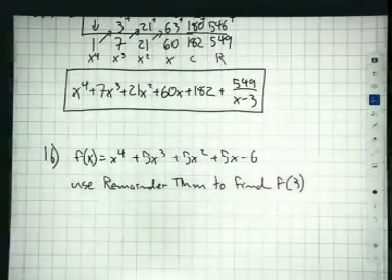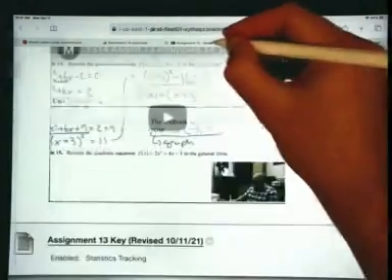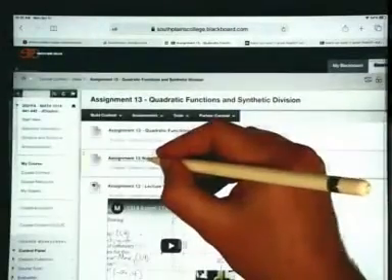So I need a quick refresher, so let's go look at our notes.